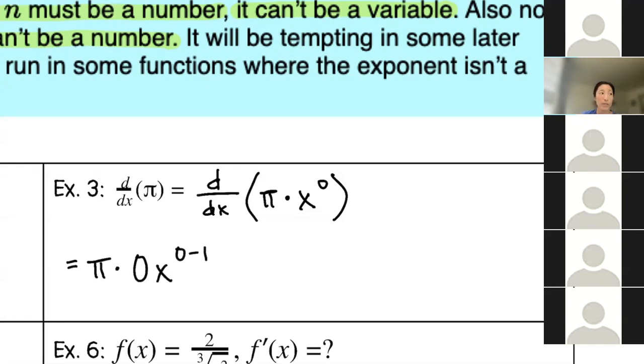Now we are following the rule. What does this give us if we multiply it out? Yeah, it gives us 0. Okay.